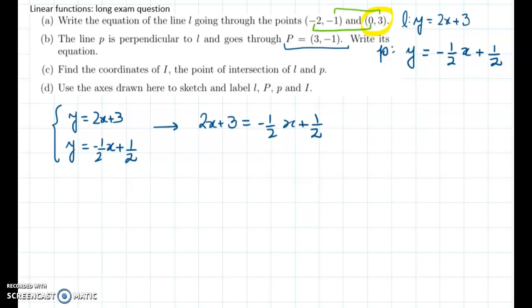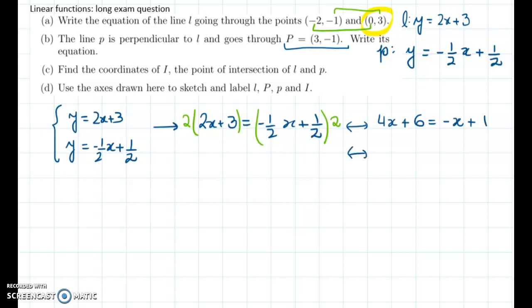We have in this case denominator 2 for the two terms in the right hand side. So I'm going to multiply everything by 2 just to make my life easier. So I'm going to multiply the left hand side by 2 and the right hand side by 2. So we get that 2 multiplied by 2x, so 4x, plus 2 multiplied by 3, so plus 6, has to be the same as -x, because the 2 and the half cancel, plus 1, because the 2 and the half cancel.